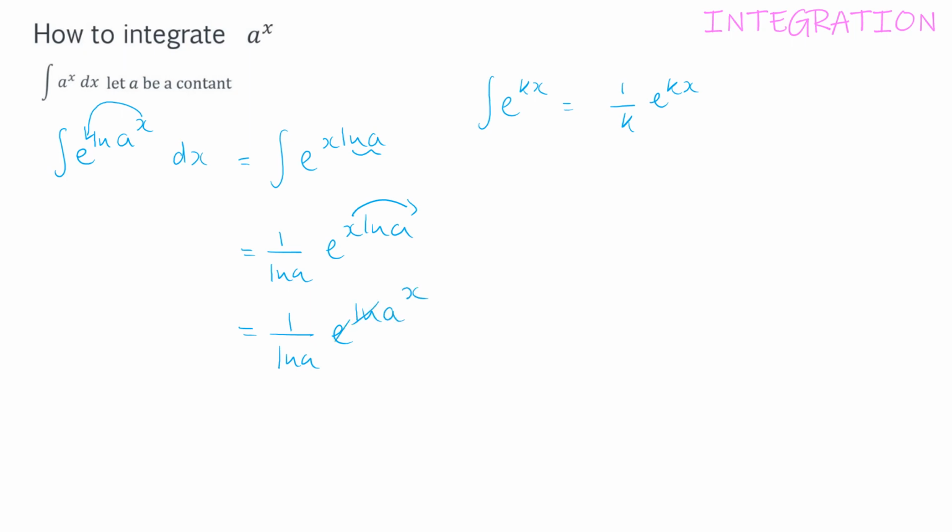The ln and the e's will cancel back out again. We'll have 1 over the ln of a to the x, and then plus c.